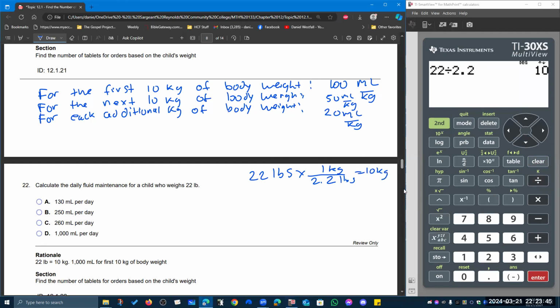And so we're just in the first amount here, 10 kilograms times 100 milliliters per kilogram. 10 times 100 is going to be 1,000 milliliters a day.